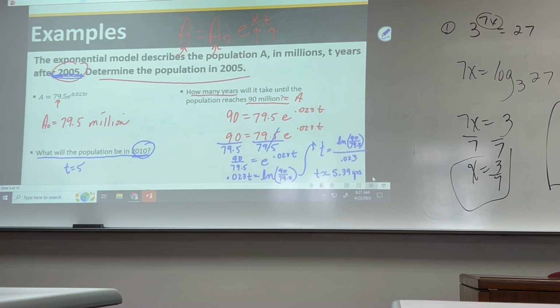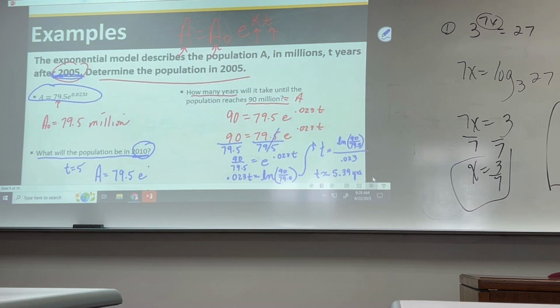So we're going to go to our formula and replace the t with a 5, and that'll give us the A. So A equals 79.5 e to the 0.023 times t, which we just figured out was 5, right?